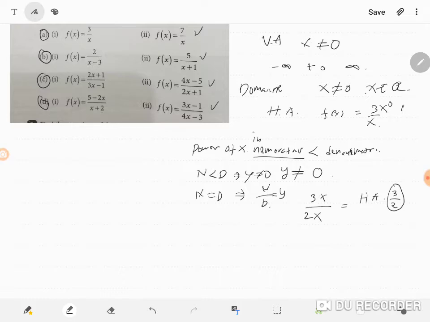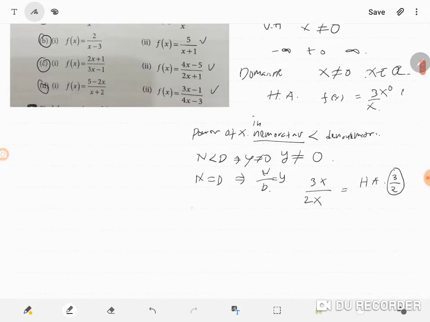When n is greater than d, the function does not have a horizontal asymptote.